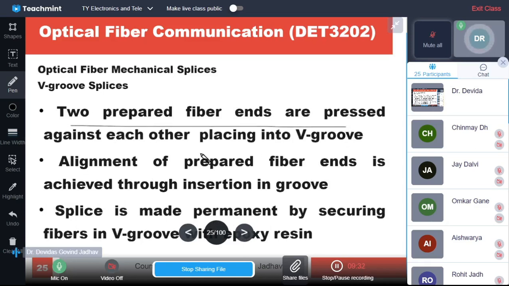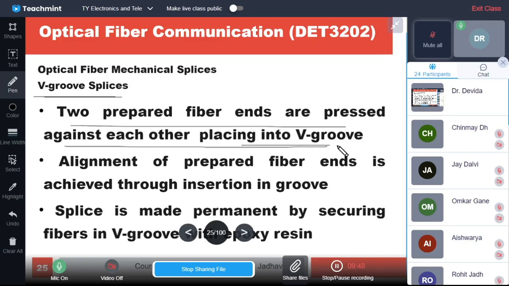In the case of V-groove splices, there are 2 steps: to prepare the fiber ends and place them into the V-groove. First is to prepare the fiber ends, because in the mechanical case there is no fusion, so we must prepare the fiber ends and then place them into the V-groove. Alignment of the prepared fiber ends is achieved through insertion in the groove.